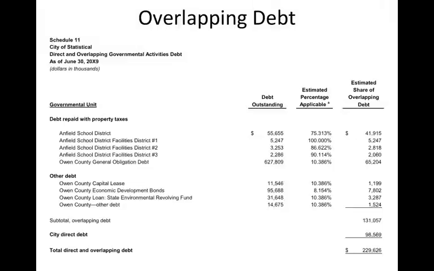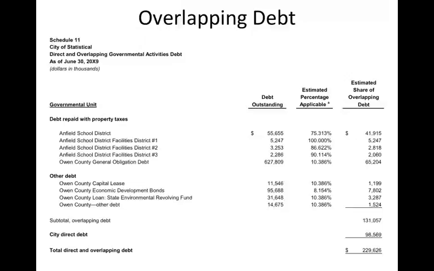Up to this point, we've been focusing on the debt that's issued by the particular government we're interested in. But debt analysis also looks at this concept of overlapping debt. We had talked during revenue analysis about overlapping tax rates or overlapping revenue rates, those that are applied to the same tax base or the same revenue base by governments that overlap at least in part geographically with the government you're interested in.